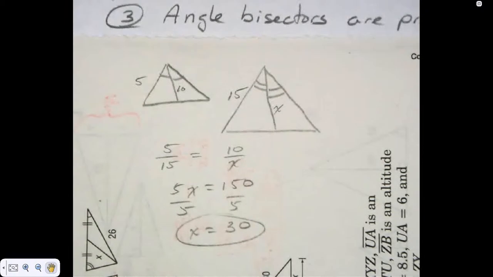I'll leave it up there for a second. But that's an instance where we used angle bisectors. But isn't it just the exact same type of problem we've been doing? It's just we're adding some segments that happen to also have the same proportion.